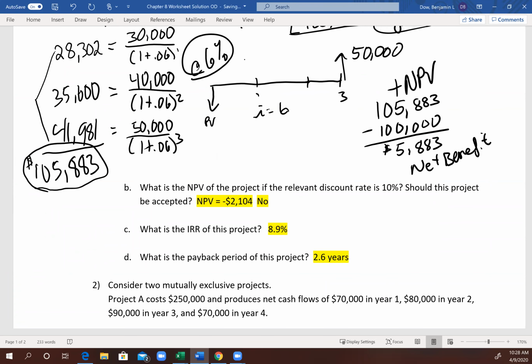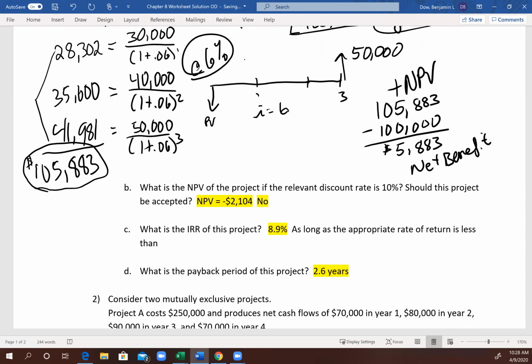The internal rate of return basically says, as long as the appropriate rate of return is less than 8.9%, the NPV will be positive and the project will be a good one.